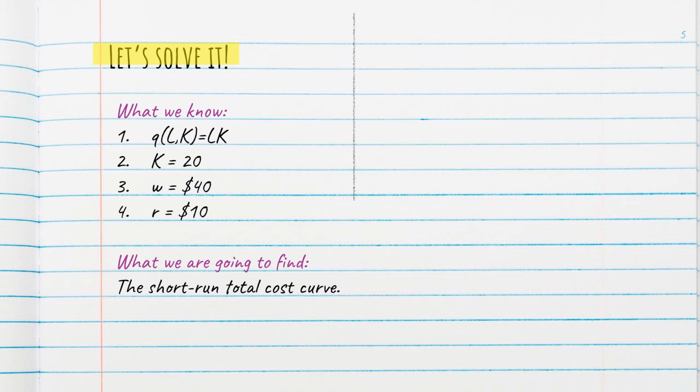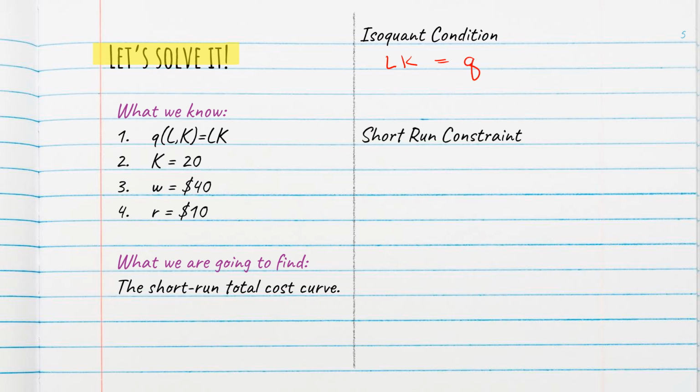So we still need to meet our isoquant. You can think of this isoquant condition as a production constraint. So the production constraint here is that L times K has to equal some unspecified output goal Q. Then we have our short run constraint, which is that capital is fixed at 20 in the short run. So we'll call the isoquant condition equation 1 and the short run constraint equation 2.